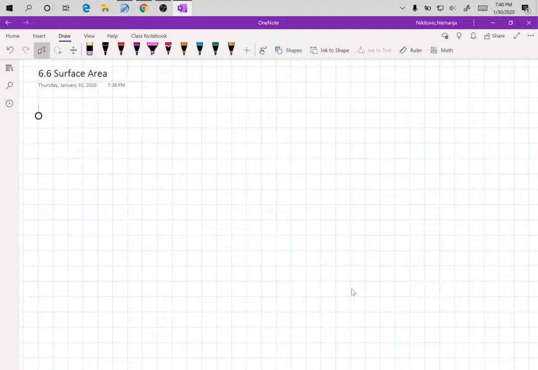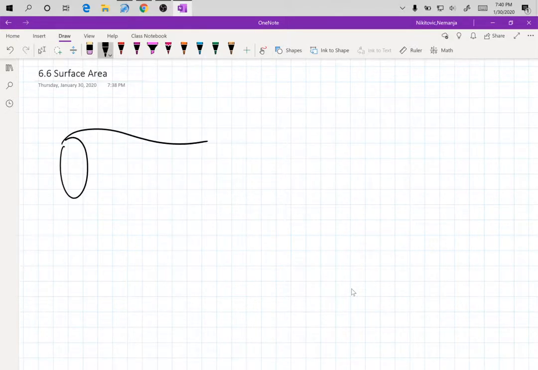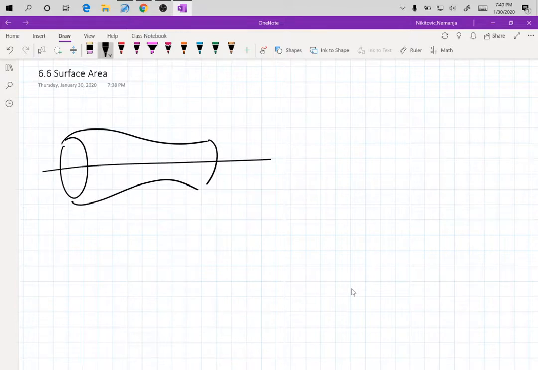So, again, surface area of revolution, we are looking at some kind of a shape that you get by rotation. It's still between a and b, and you still have the radius given by whatever function f of x you have in the xy plane.